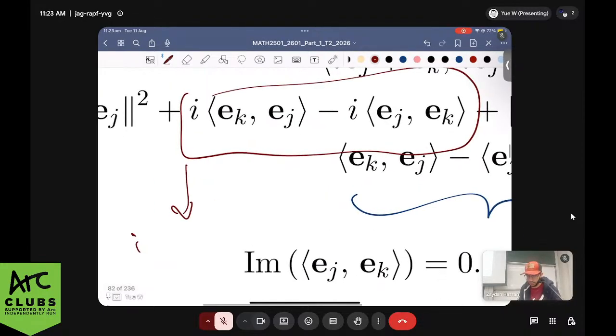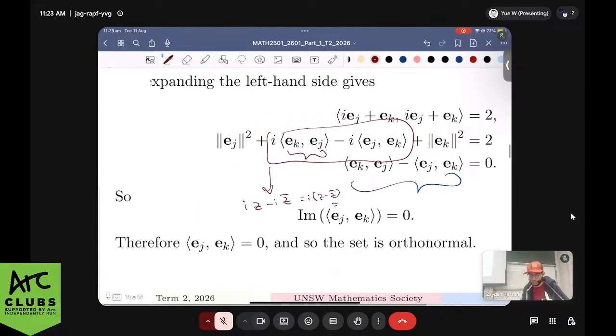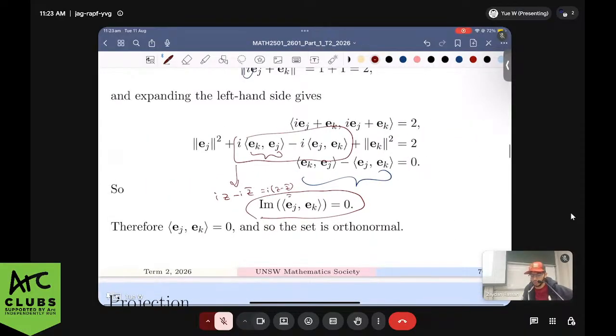Technically, you can say this is iz minus i z bar, where z is this thing. If you factor out, one important thing from complex numbers is z minus z bar is 2i times the imaginary part of z. And so you can cancel the i from both sides, and what you get essentially is that the imaginary part of this is also 0. Therefore, real and imaginary parts are both 0, so it's 0.